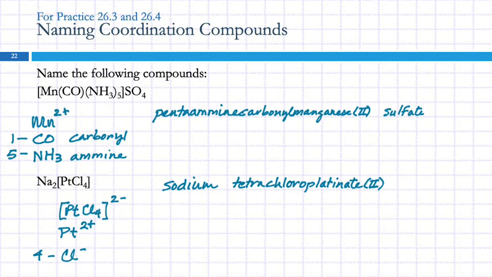Why is it platinate again? That's a good question. Why is it platinate instead of platinum? Because this is a negative complex ion. So this one was positive, and so then we just use the metal's regular name.